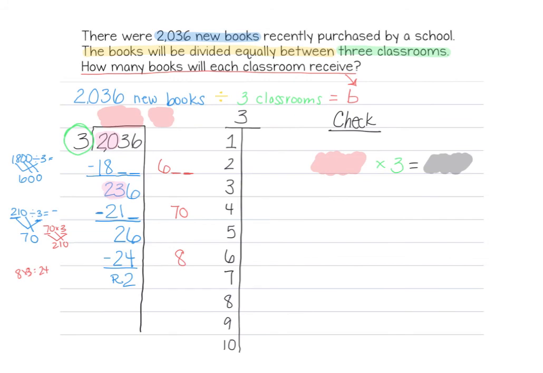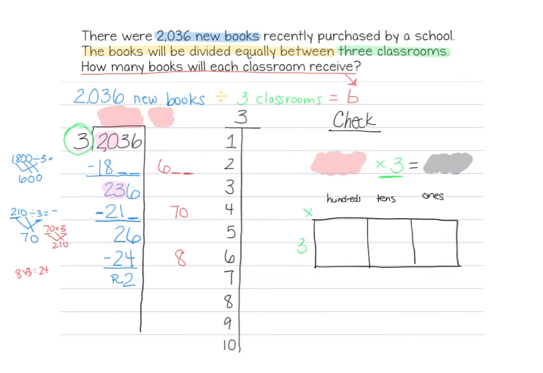Go ahead, and because this quotient is a 3-digit number, you're going to draw an area model that has 3 places. The ones, the tens, and the hundreds. And then you're going to multiply that all by 3, which is the divisor.